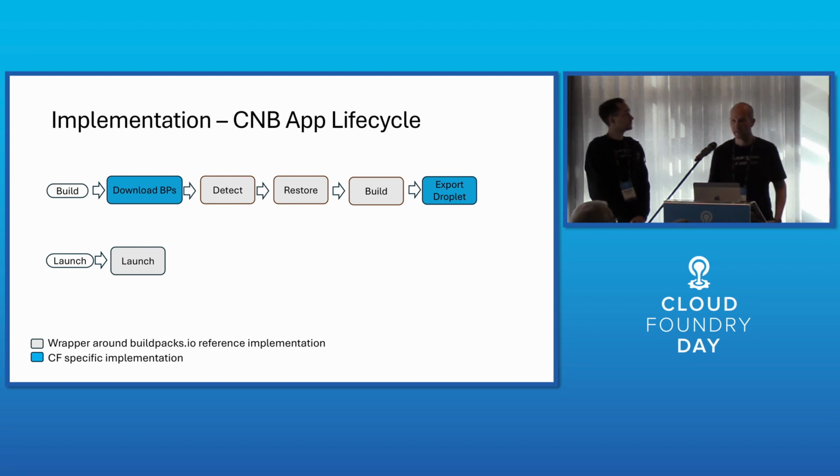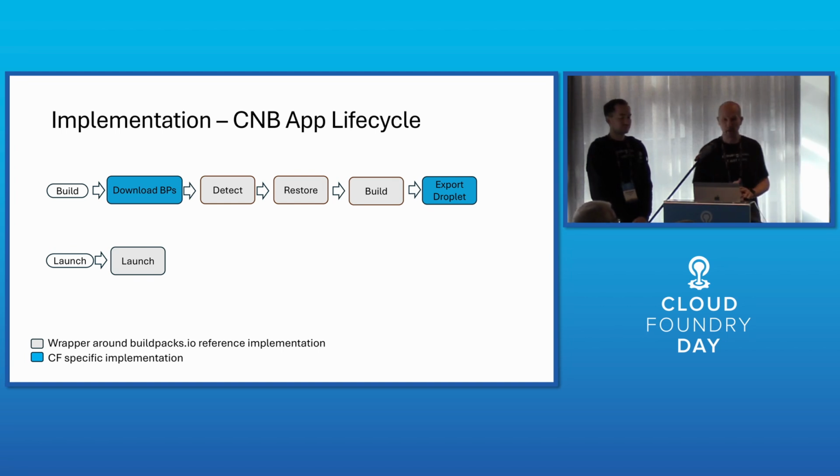But then the real work, so to say, the detect, restoring from the cache, and actually building the image can more or less just be reused from the reference implementation for Buildpacks, which is basically used by all platforms out there. So we didn't have to change much there at all.